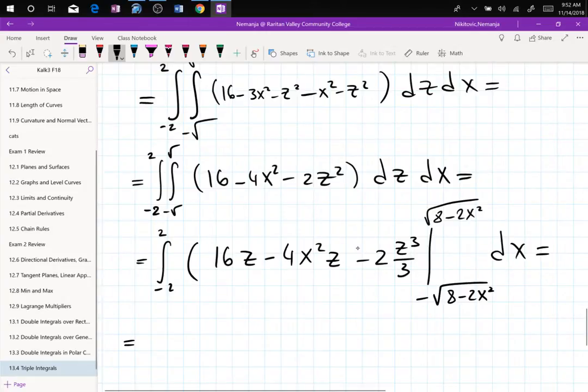All right, so what's next? Next is the integral from -2 to 2, and now we have to plug all of this in.